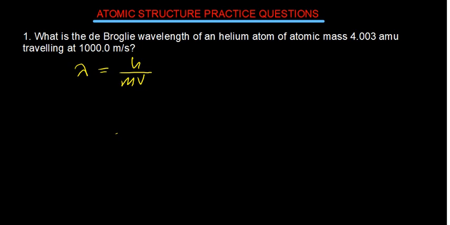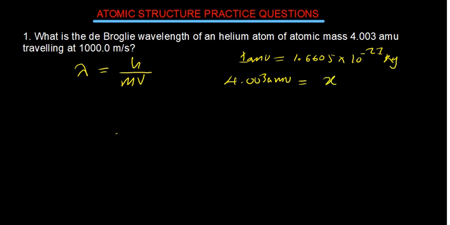Okay. So one atomic mass unit, 1 AMU, gives 1.6605 times 10 to the power negative 27 kgs. Now we want to find out 4.003 atomic mass units. How much is it going to give us? So we simply cross multiply there.